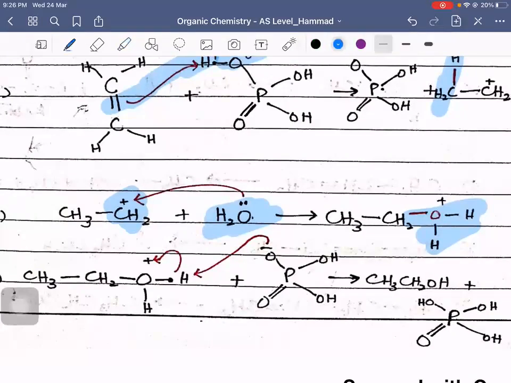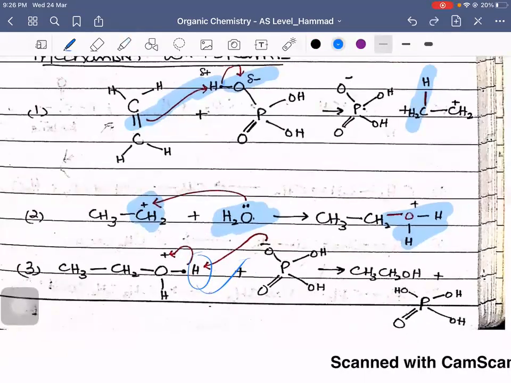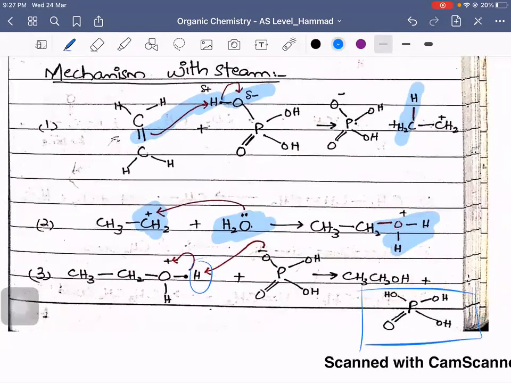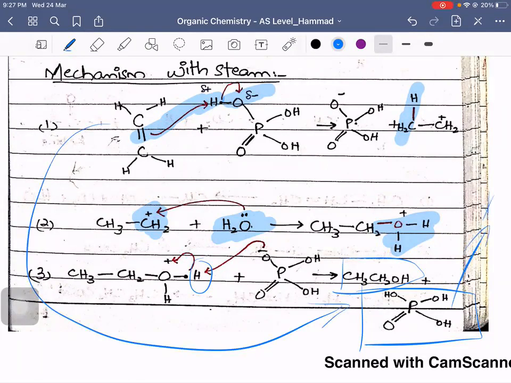The hydrogen, once removed, will be attacked by this oxygen here, and we receive our H3PO4 as it is, with ethanol from ethene. You need to understand that H3PO4 here is acting as a catalyst because it did not take part in the reaction. It is regenerated at the end as it is.